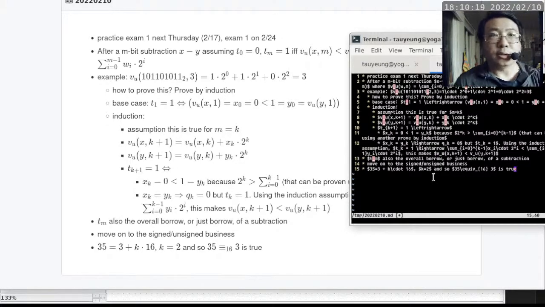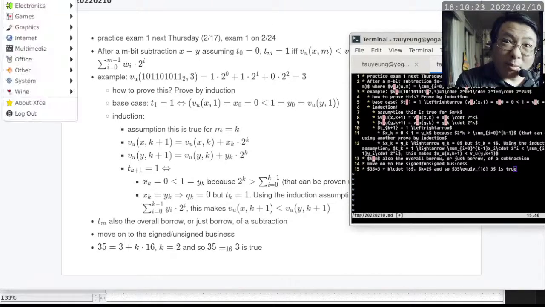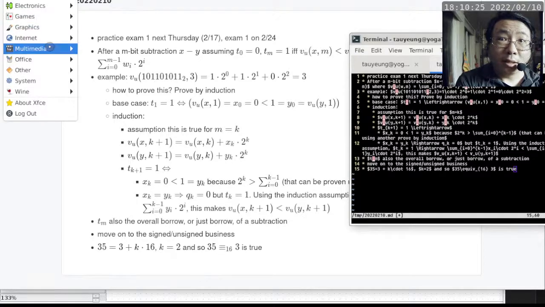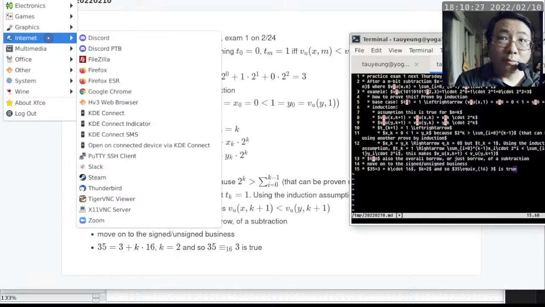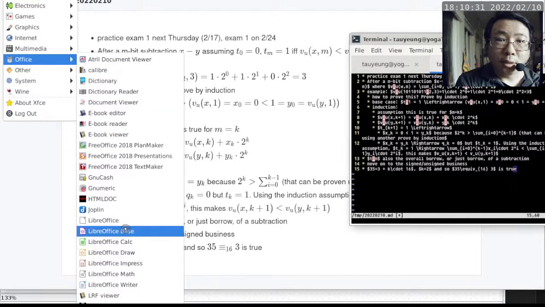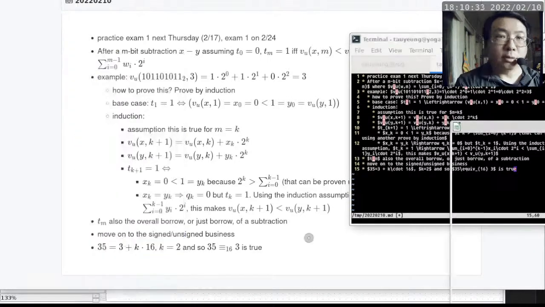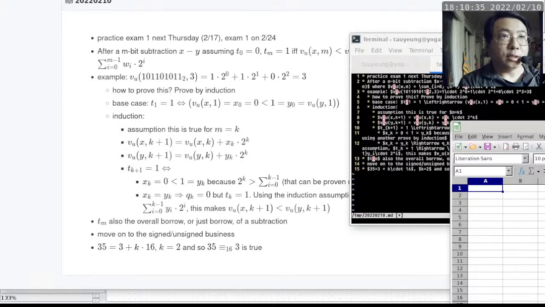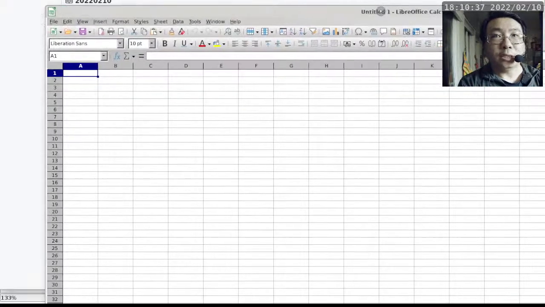So this is another way to look at this. I'm just going to pop up a spreadsheet here. There's my LibreOffice Calc. Using a spreadsheet makes it very easy to see, because you can basically fix a v here.